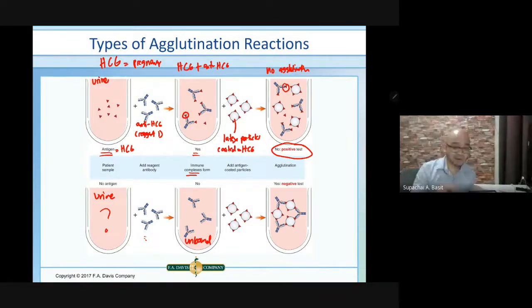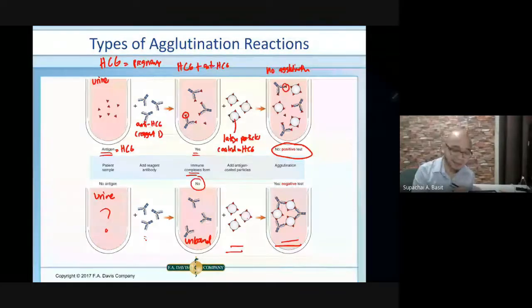Unbound, meaning to say, there is no immune complex. And then, you will now be adding latex particles coated with HCG. This particular latex particle will now form cross-links or lattice formation with the reagent antibody, and there is an agglutination reaction.